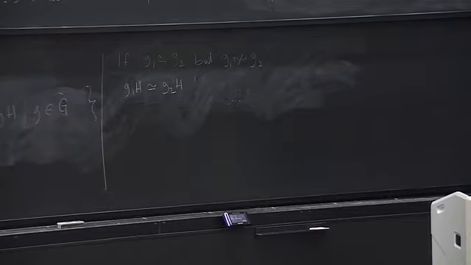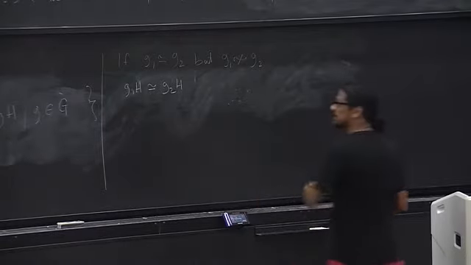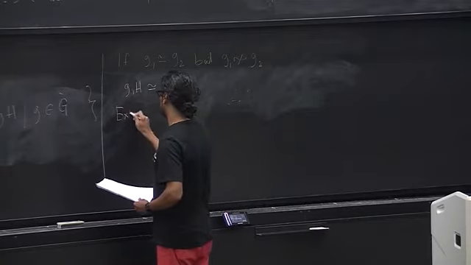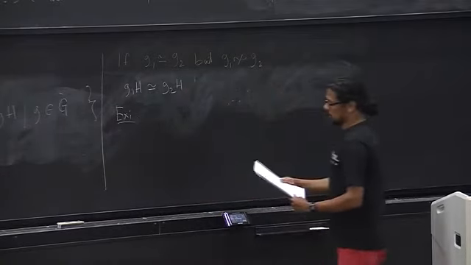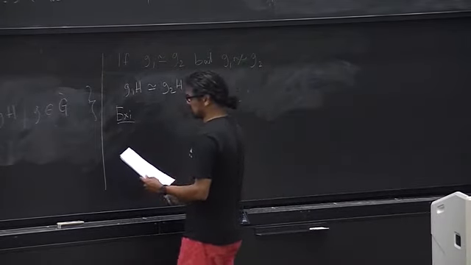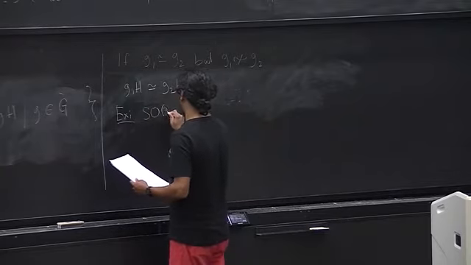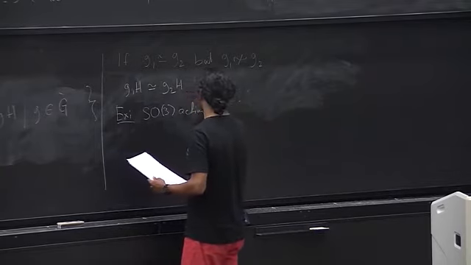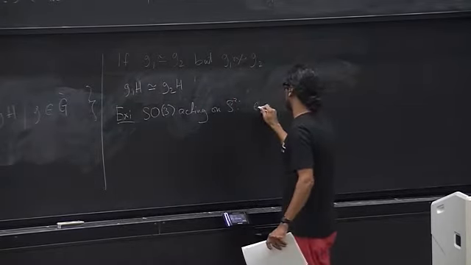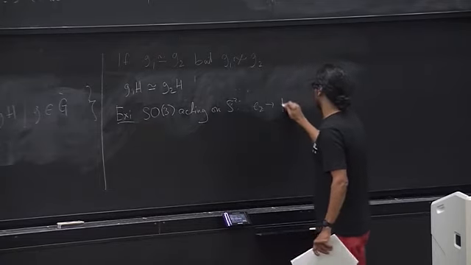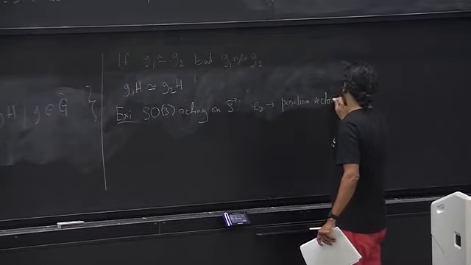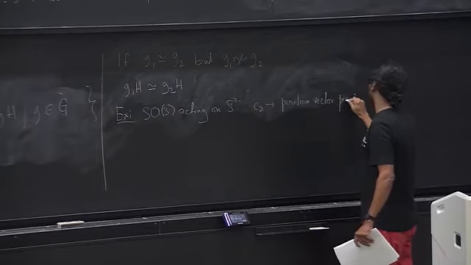So why is this useful? The next example should illustrate that. Suppose we take our friend SO3 acting on S2, and say EZ is the position vector pointing to the North Pole.